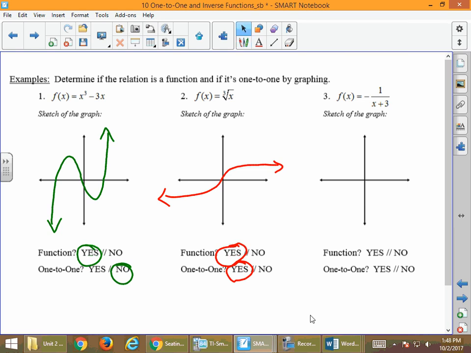This third graph here, we may need to type into our calculator, although remember that the negative in front of the function means that we're going to reflect our graph over the x, and the plus 3 means that we're going to move our graph left 3.